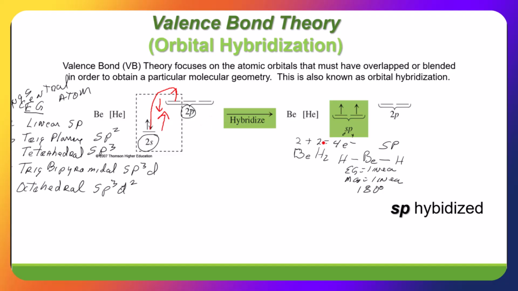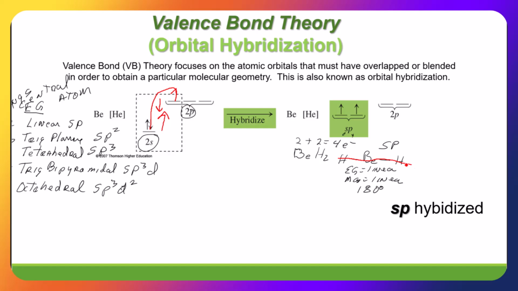It's a combination of an s orbital and a p orbital, and here we have the 1s and then the 2s electrons, they're being shared with the 2 hydrogens. What we have, as you've seen before, is a linear molecule.